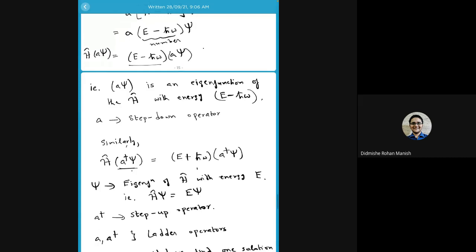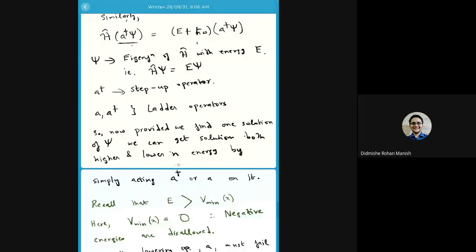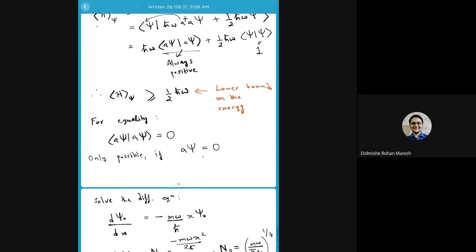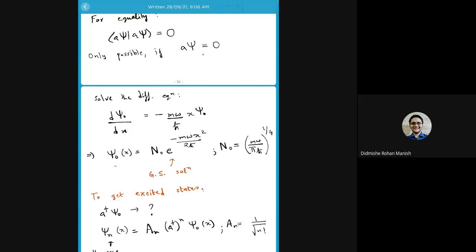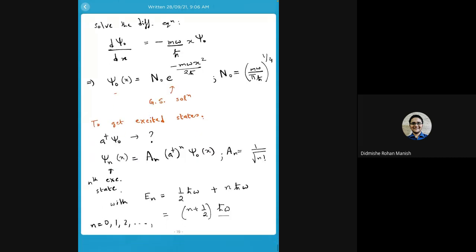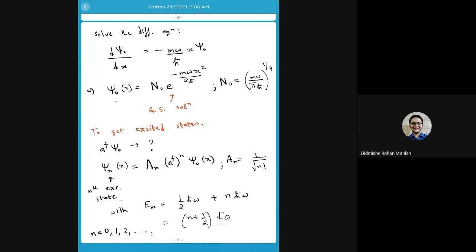Didn't I write it before? I got the normalization constant. I'm saying this thing, a dagger n, is left. But you can actually act this a dagger every time.